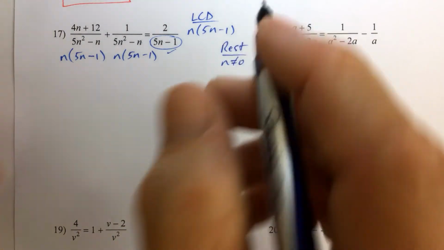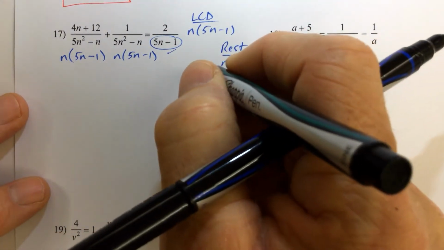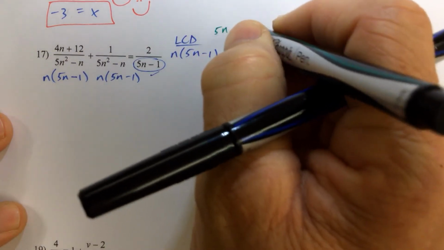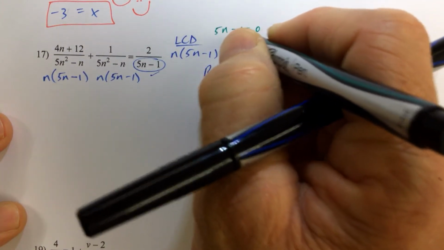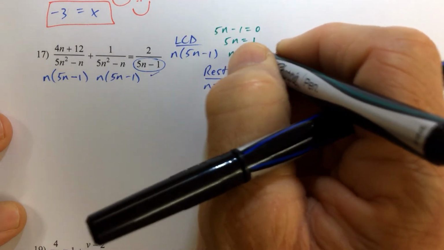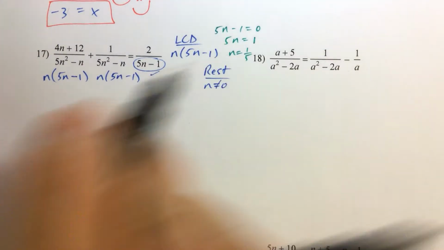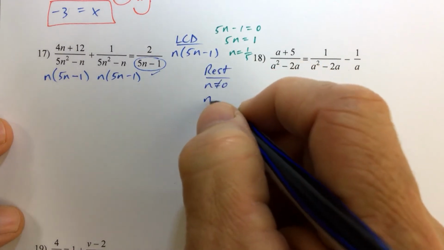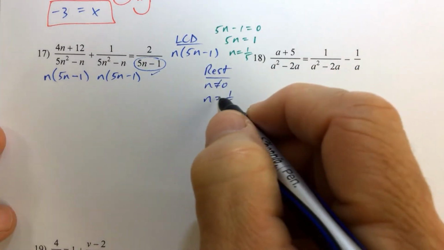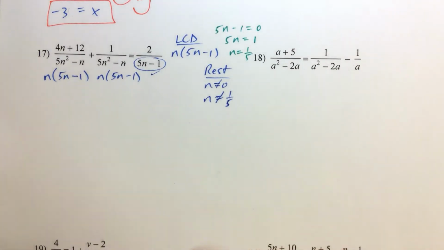Well, if 5n minus 1 is equal to 0, let's do that right up in here. If 5n minus 1 equals 0, we add 1 to both sides, we get 5n equals 1. When we divide both sides by 5, we get n equals 1 over 5. So if n is equal to 1/5, it would make that denominator equal to 0, so n is not allowed to be equal to 1/5.